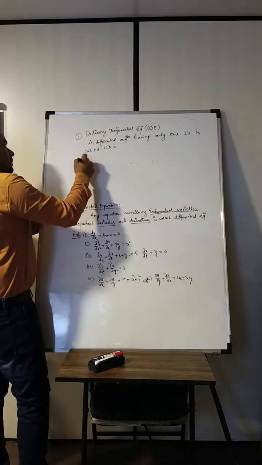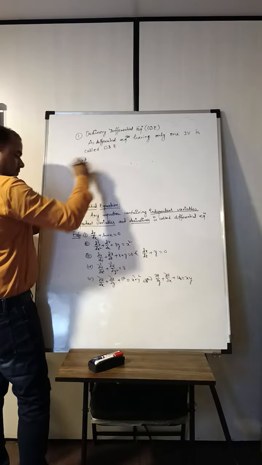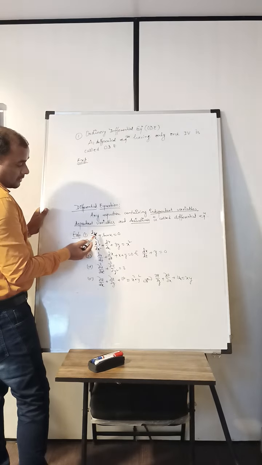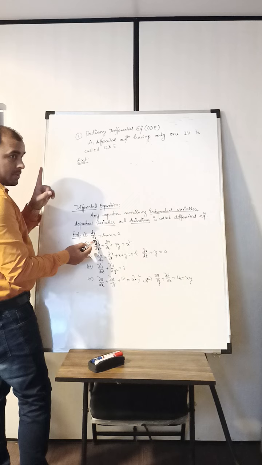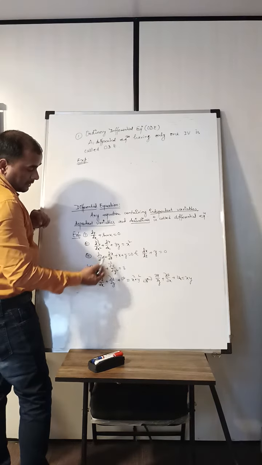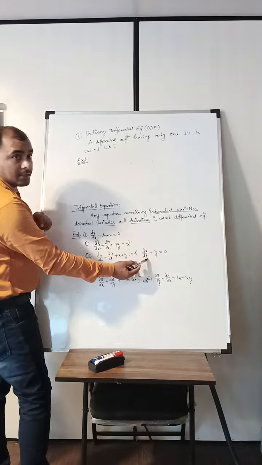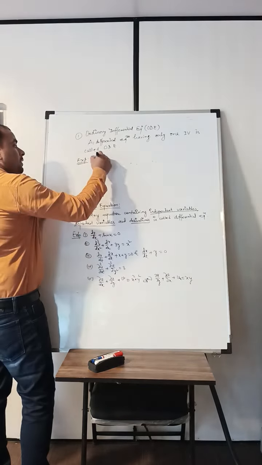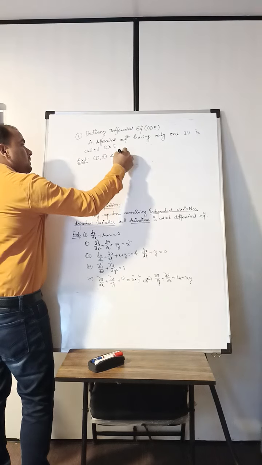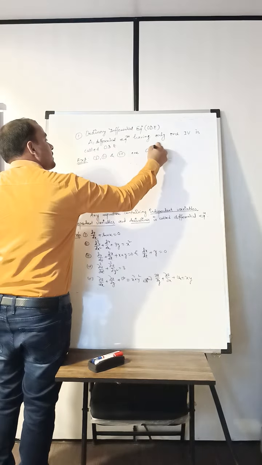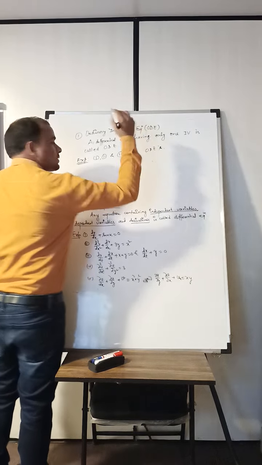For example, here y is dependent and x is independent, only one independent. Here x is independent, here t is independent, only one. So 1, 2 and 3 are ordinary differential equations.